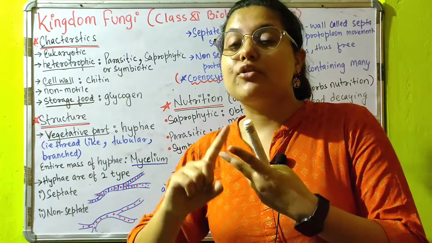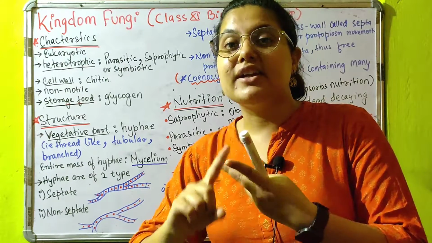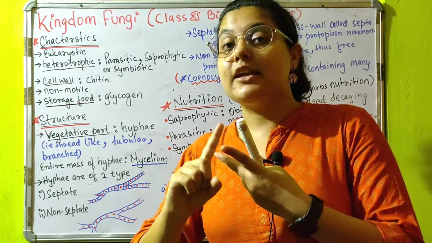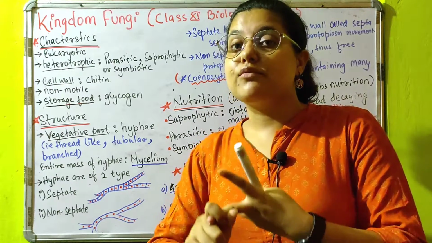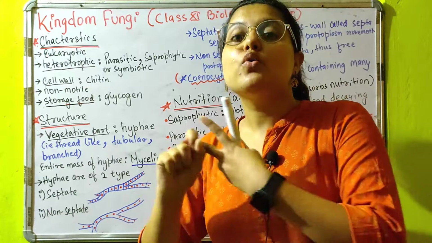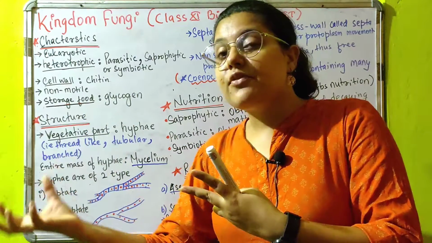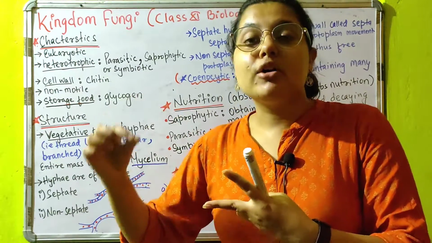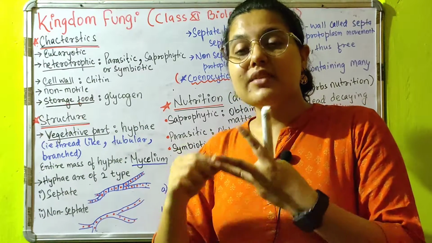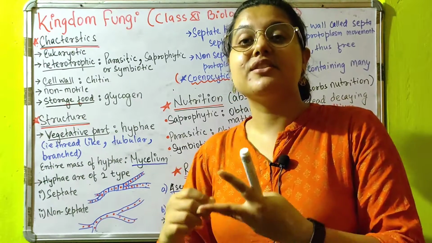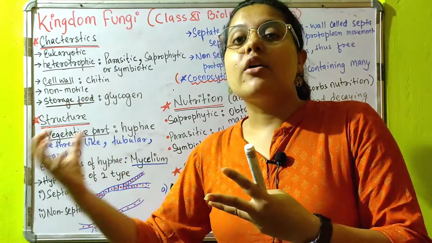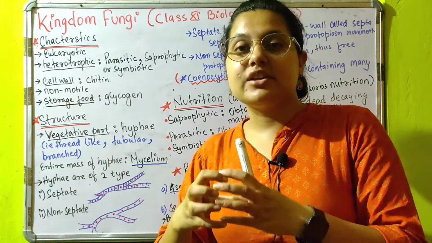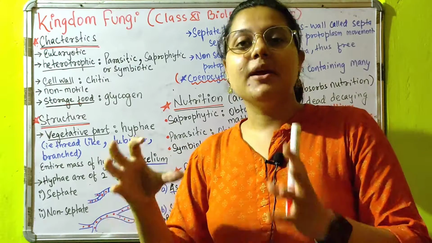Saprophytic nutrition is that in which fungi depend on dead and decaying matter. Parasitic nutrition is that in which the fungi depend on the host body. Only the fungi get benefited but it does not benefit the host. And the symbiotic relationship is the type in which the fungi and another organism live in a mutual relationship where both of them get benefited.